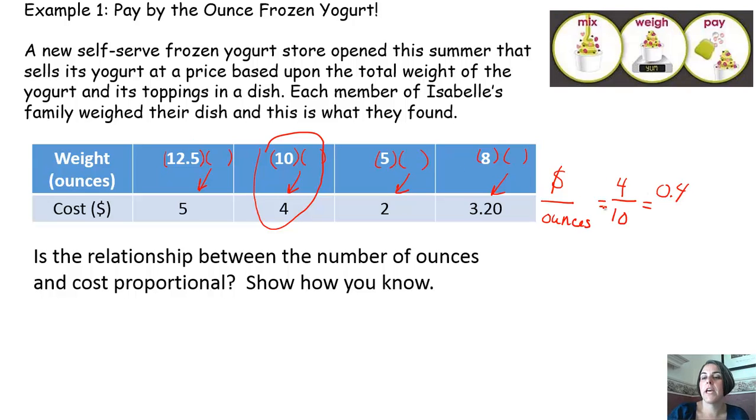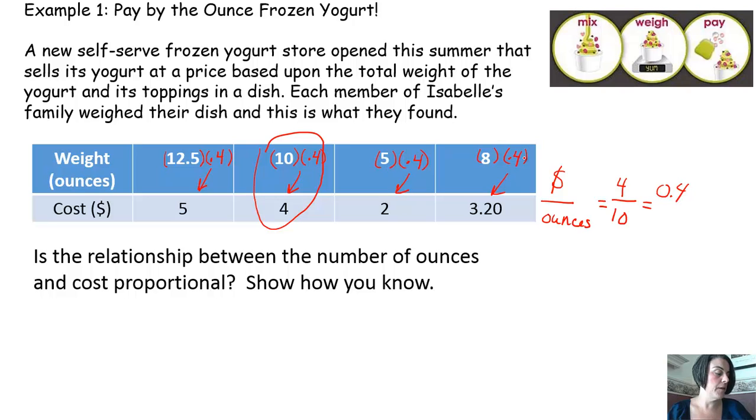Make sure you put the 4 in the calculator first, then hit divide, then the 10. So that tells me I'm going to try out 0.4 and see if each time I multiply the ounces by 0.4, I come up with a corresponding cost. Let's take a look. 10 times 0.4 is 4. That one we knew would work out.